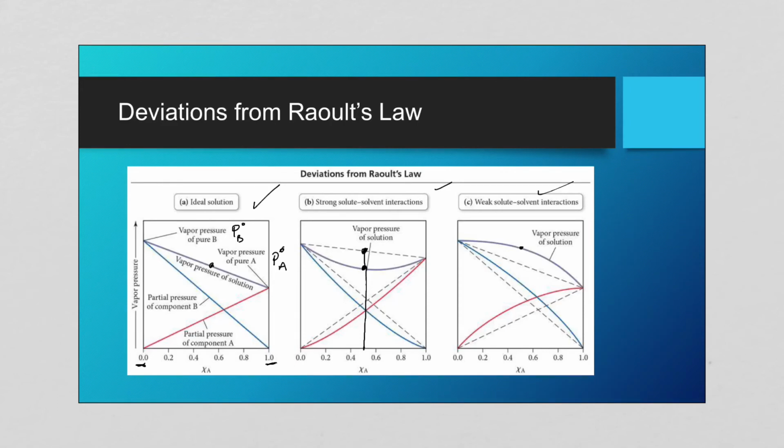This is going to be the normal situation, what you're going to normally calculate using Raoult's law. You're going to calculate this ideal scenario. Okay, so let's pause right here, and we're going to do a sample problem.